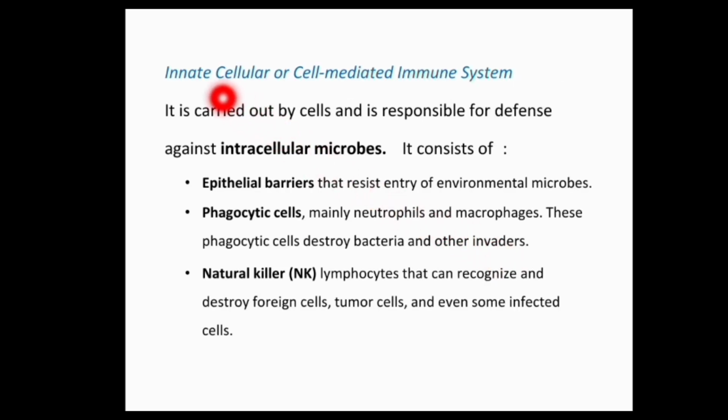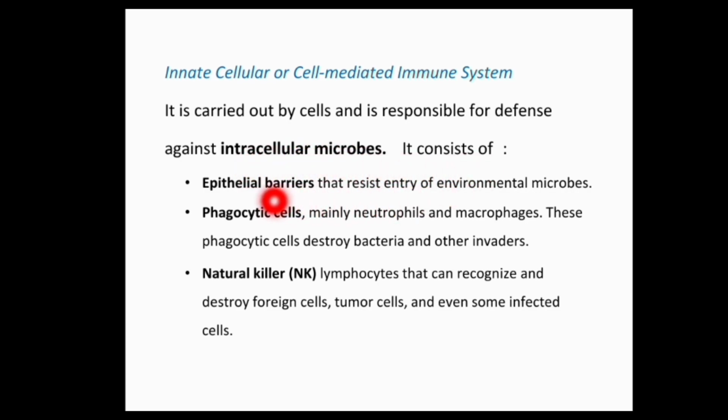Coming to the innate cellular or cell-mediated immune system. It is carried out by cells and is responsible for defense against intracellular microbes. The humoral system deals with extracellular microbes, while this deals with intracellular microbes, which it kills.